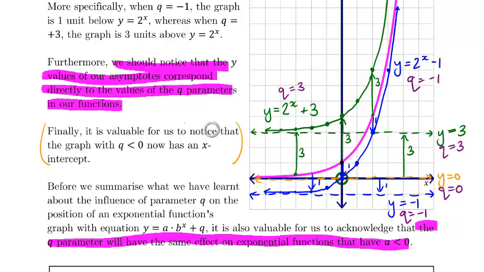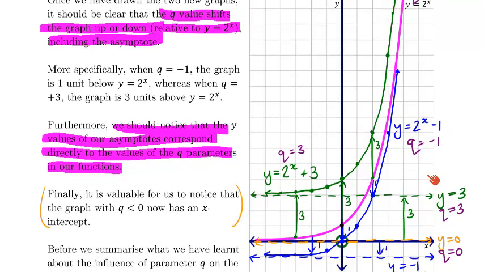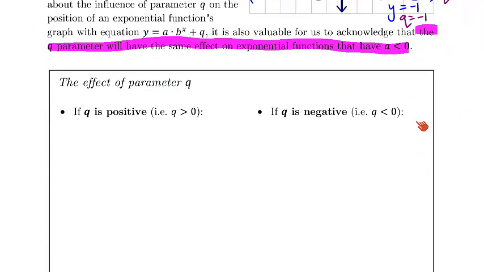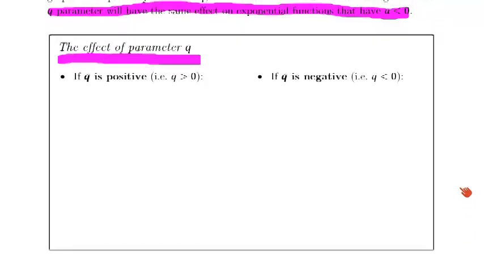With the exception of that conclusion, which I will point out a little bit later, guys. So we don't have to investigate what q does with graphs with a less than naught because it will have the same effect. It will shift the graphs up or down depending on the q value. And with that said, guys, let us summarize the effect of parameter q on our exponential graph.